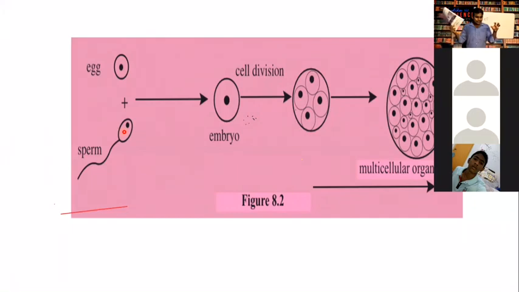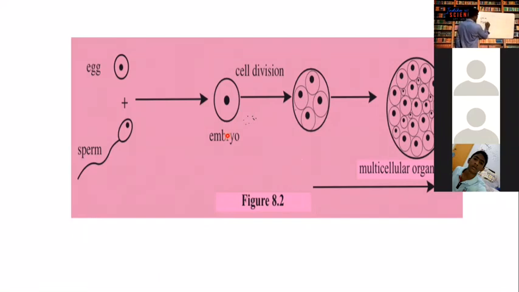So these two cells together, actually, it's not given in the textbook. I will tell you, it is not embryo. Embryo is okay, but there is another word. The cell formed together from sperm and ovule.